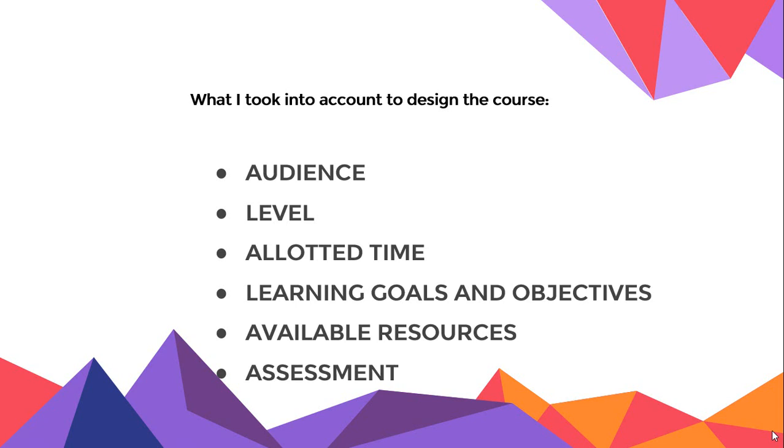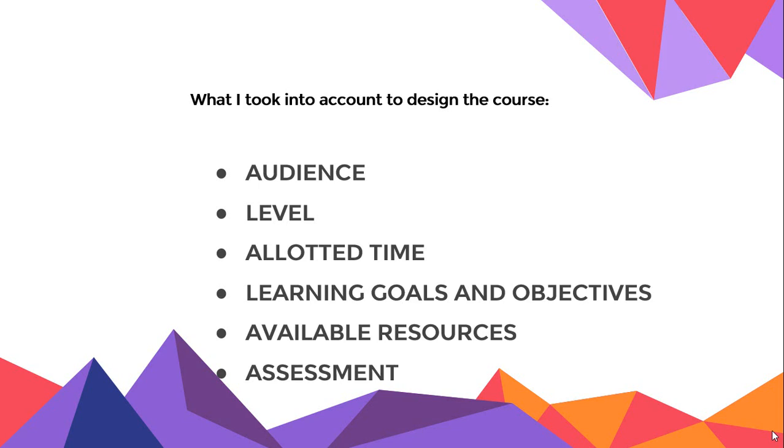So if you're going to plan a course from scratch, you need to take several things into account. Number 1, the audience, and in this case, it was students who were taking their first semester at university. Their level, in this case, students were of an A1, A2 level.